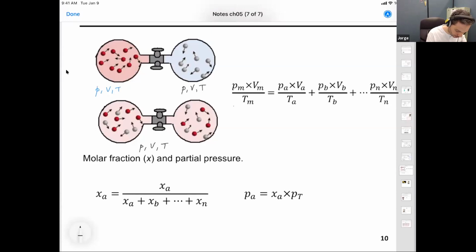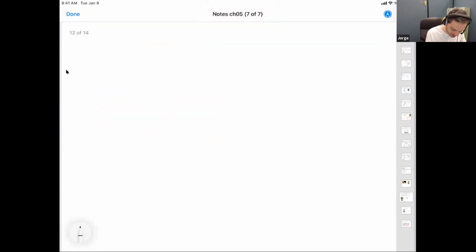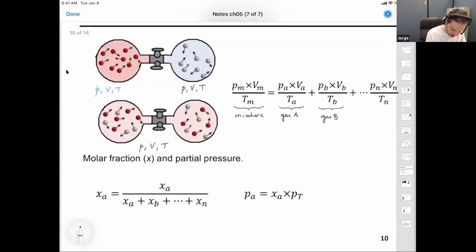In the equation, the product of pressure and volume over temperature of the mixture is just the sum of that quantity for gas A plus gas B. If you have more gases, you keep adding up until the N component. In the example, we just have two gases, so you would stop the equation at this point.